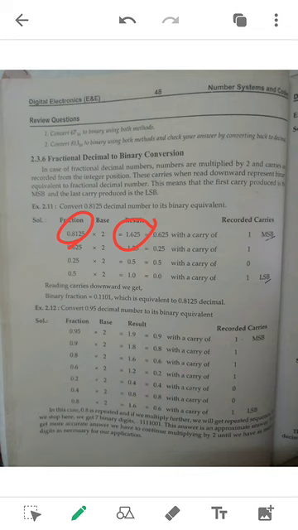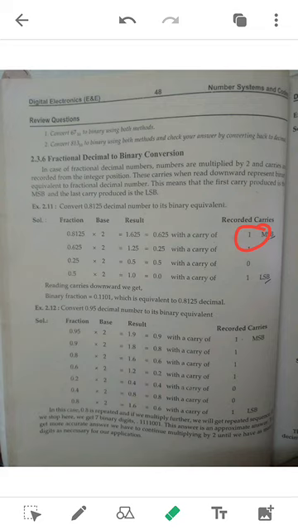So this integer 1 you have to take as a carry, and that carry is the MSB. After taking the integer 1, the remaining fractional number left out is 0.625, with a carry of 1.